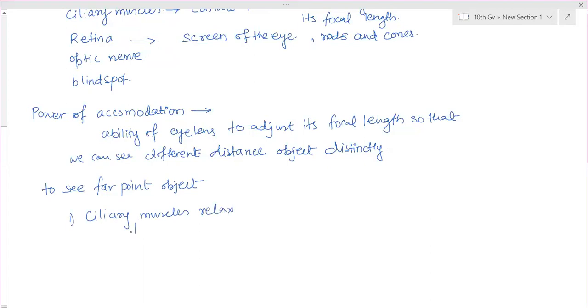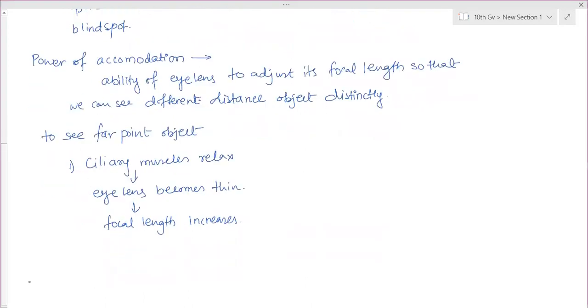Then the eye lens becomes thin, due to which focal length increases. Image of the far point object is formed on the retina.